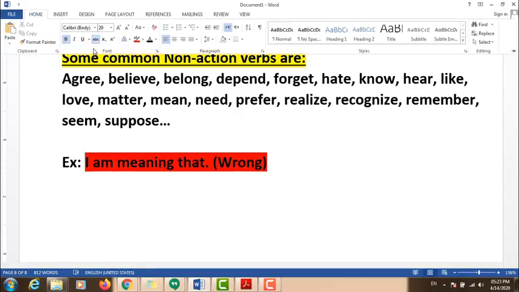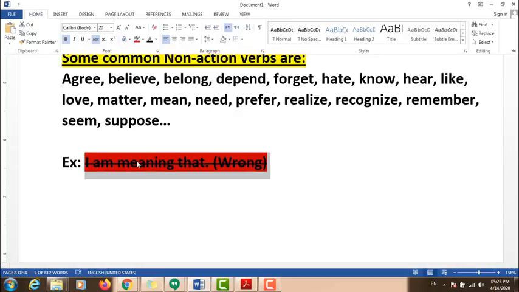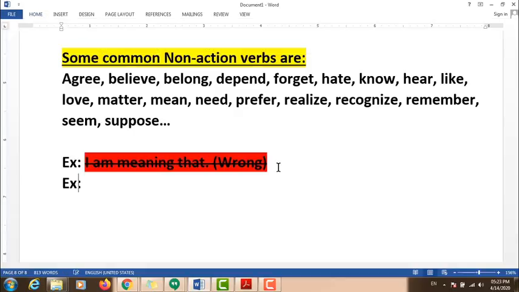All right. So this is a wrong sentence. You cannot use this mean verb because it is a non-action verb. Then how do I say it? The right one, for example: I mean that. I mean that, present. So this is what kind of sentence? It's the right one.